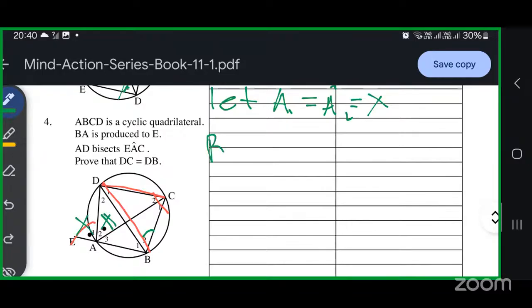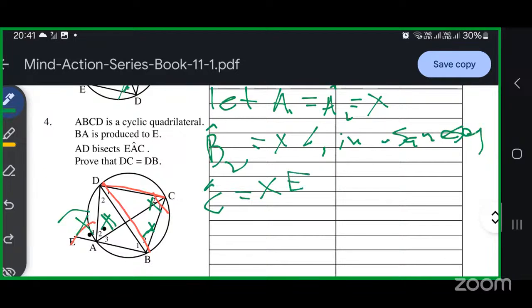Now angle B2 will be x, reason being angles in the same segment. Okay, this is x. And then now angle C there will be x. Everything there in C is x.